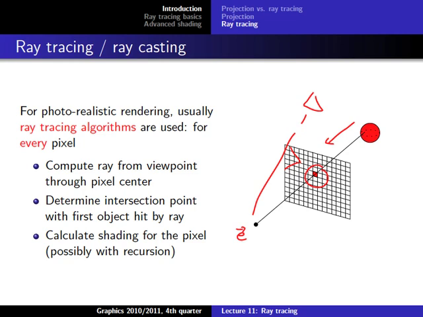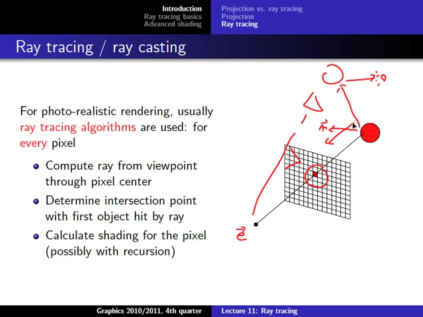And of course, if I have my normal vector here, I can do a light calculation and see what light source illuminates this point. But also, this object can hit another object where the light reflects again, until I hit, for example, a light source at some point.